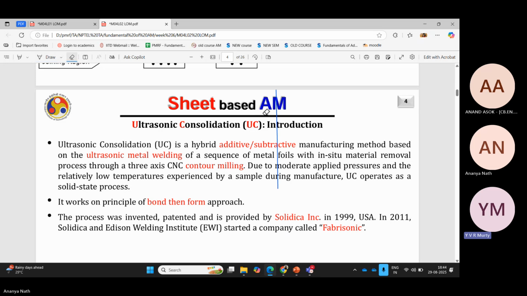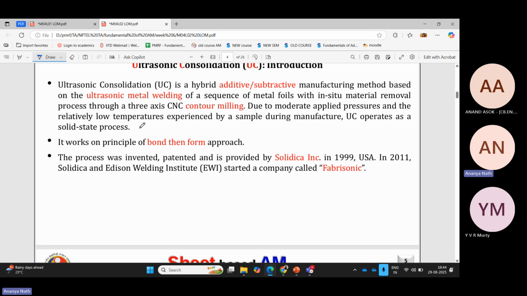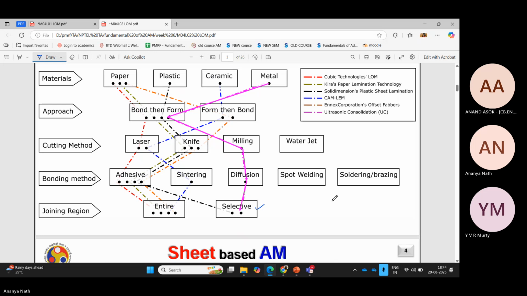How does diffusion take place? Diffusion means when you have two materials, you have the atoms in the material. So ultrasonic consolidation material joining is a little bit tricky.